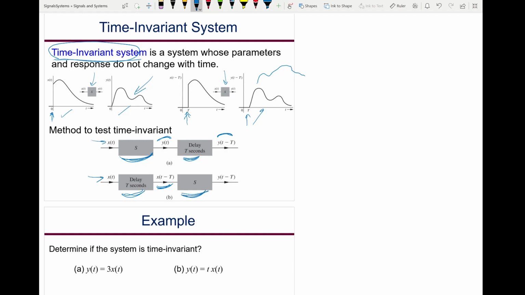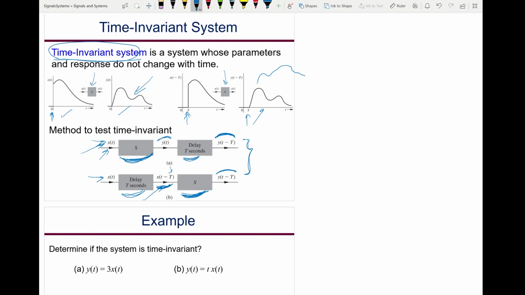So the system I'm testing sees the input at a different time. If capital T is 1 hour, now this system is seeing the input 1 hour later. And if the output is the same exactly as this output, so if these two are the same, then we say the system is time invariant. If these two outputs are different, then the system is time varying.